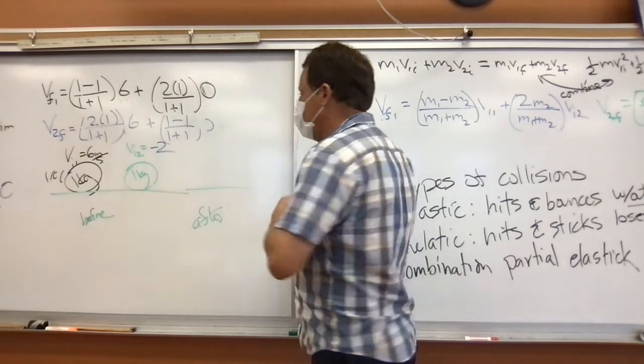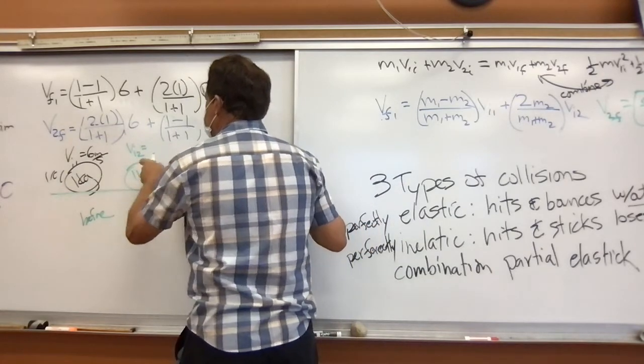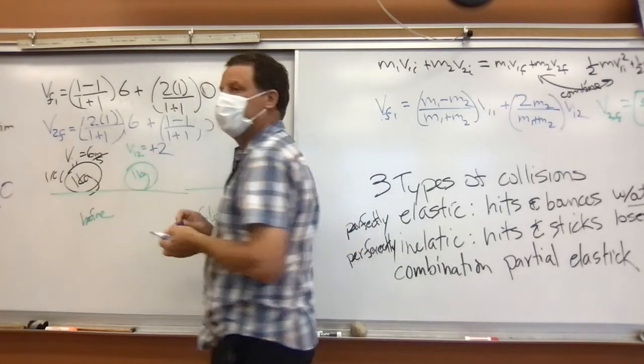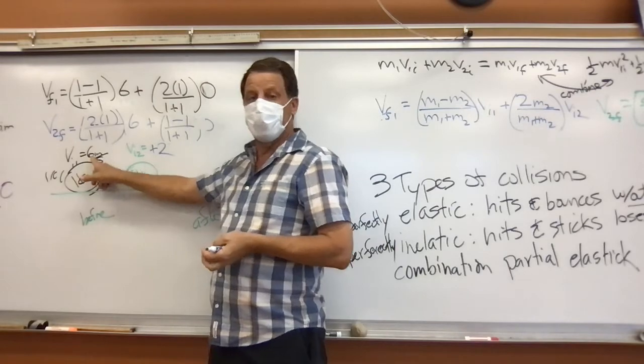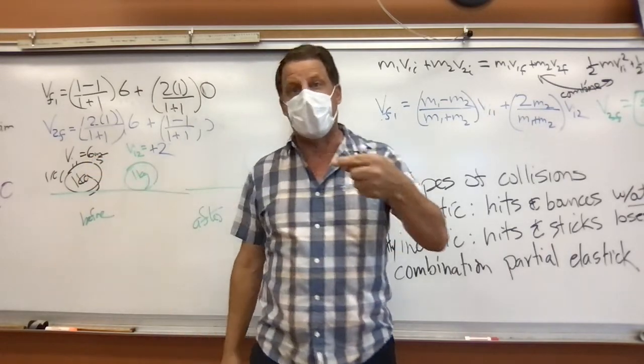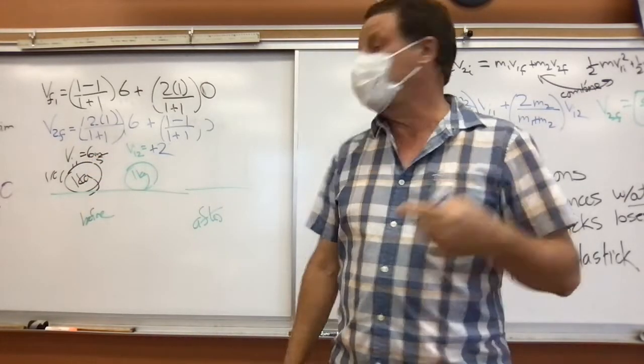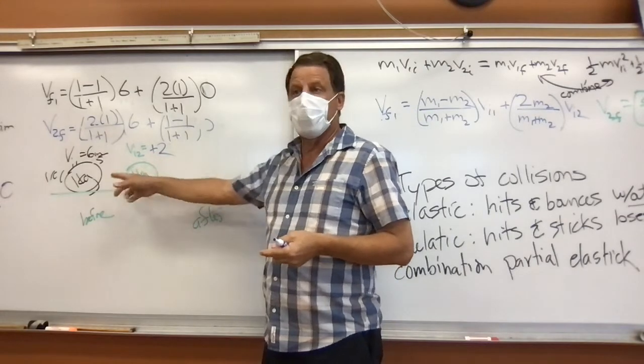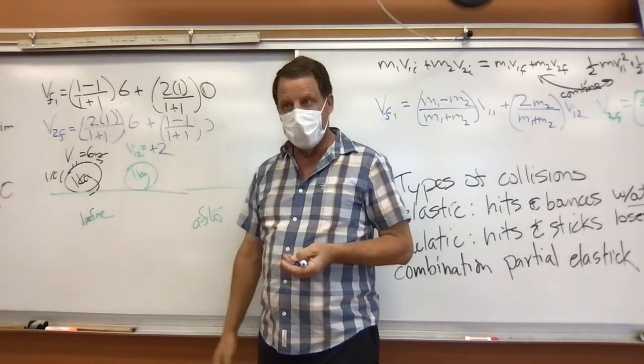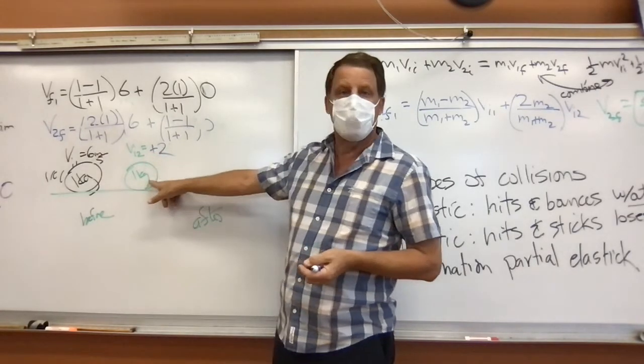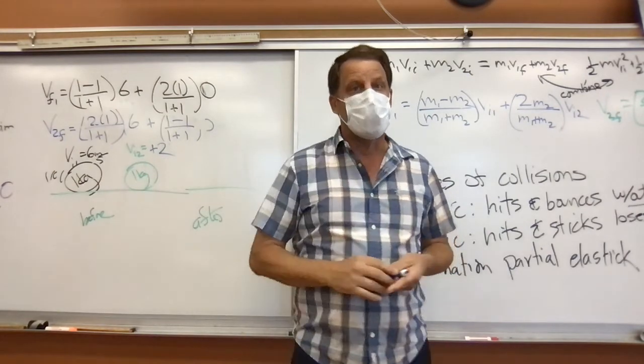Okay, well, what if this one was +2? Now, they're going to collide because the first ball, the black ball, is going faster than the second ball. So when it catches up and they collide, what do you suppose the velocity of the green ball is going to become?